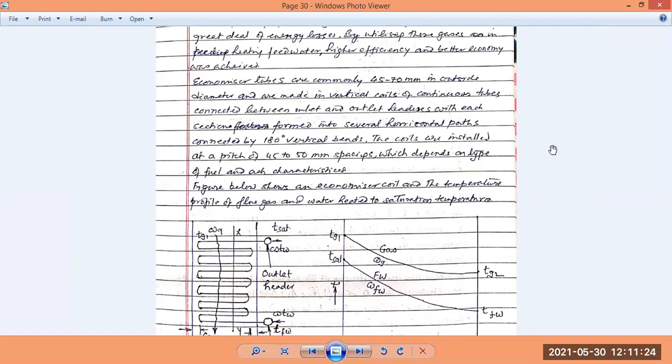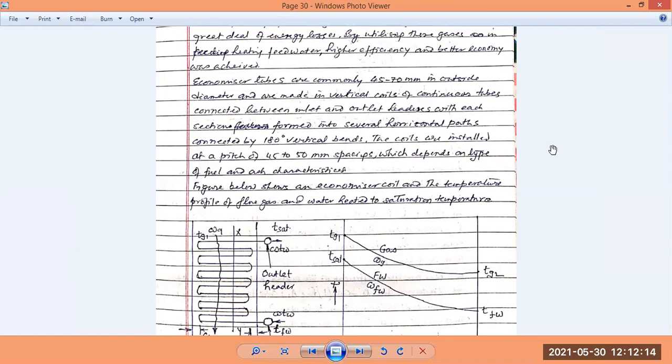So the economizer tubes are mostly around 5 centimeters in diameter, not very big, made in vertical coils of continuous tubes connected between the inlet and outlet headers, where each section forms several horizontal paths connected by 180 degree vertical bends.